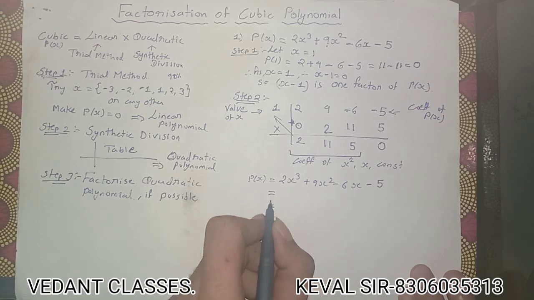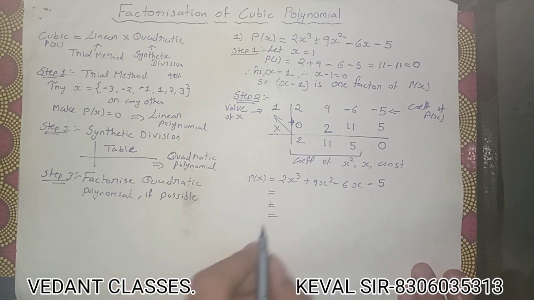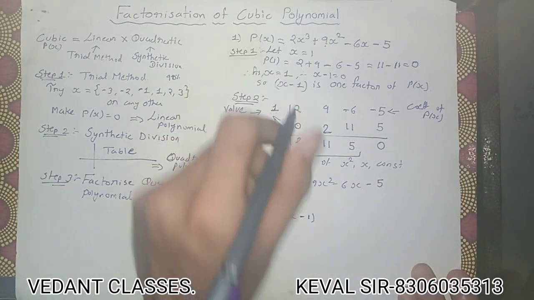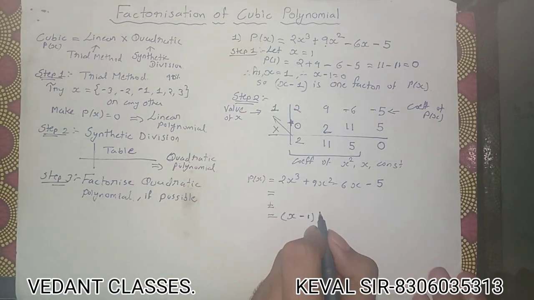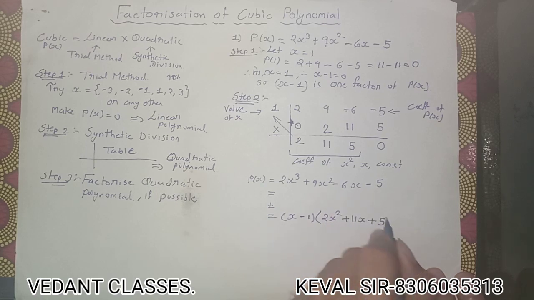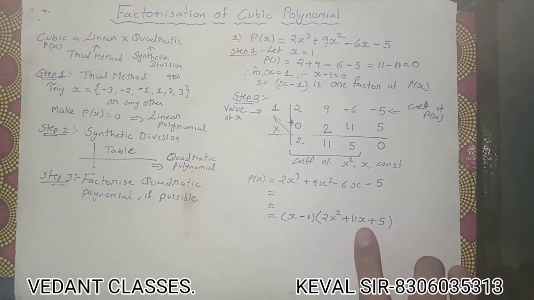So this will be equal to x minus 1. This is the linear polynomial we got, and this is the quadratic polynomial. The quadratic polynomial is 2x square plus 11x plus 5.